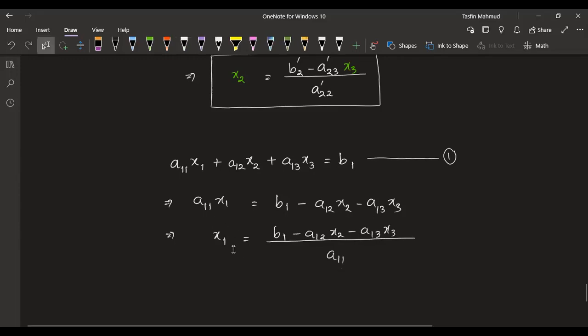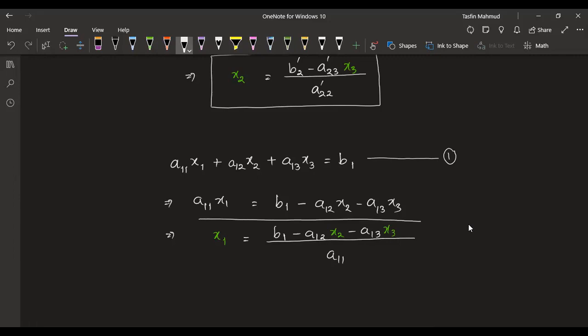Okay, so this is the value of x1. So we can find all the values. So this step is the backward elimination step. Oh, backward substitution step, sorry, not elimination. Okay, so we can find all the values of the variables.